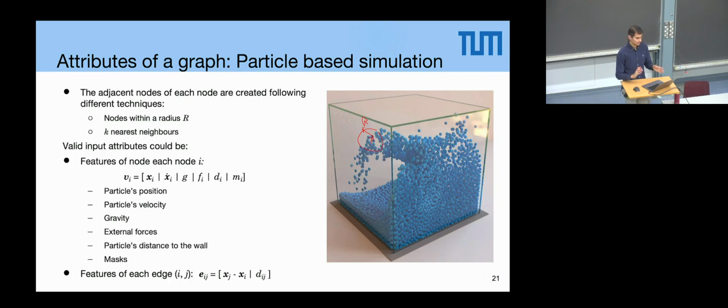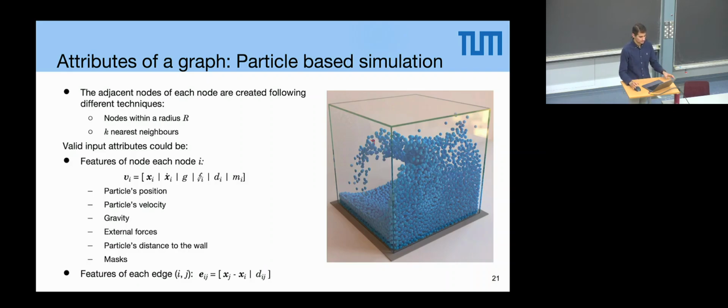So we will have a directed edge going from the neighboring node to this central node. Another strategy is, instead of using this sphere, we can use the k-nearest neighbors algorithm to create an edge going to each node from its k nearest neighbors. So now we have the nodes and we also have the edges.